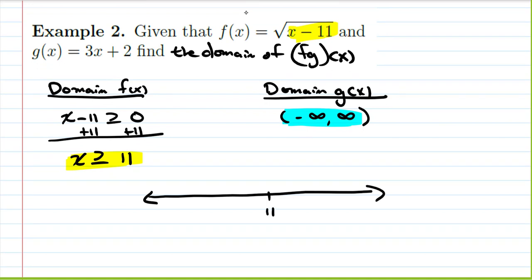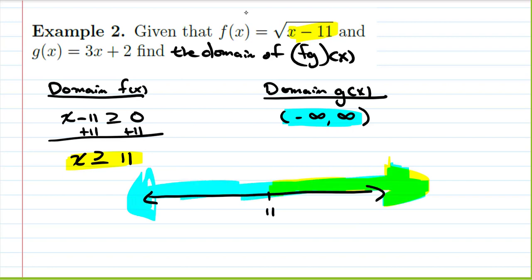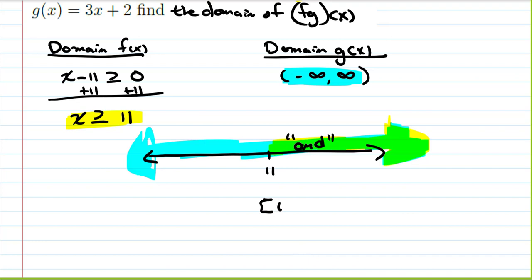Here's the number 11. I want my x values that are greater than or equal to 11. And then my g is going to be everything, so I plot it this way. My "and" ends up being 11 to positive infinity. So the domain of f times g of x would be from 11 to positive infinity.